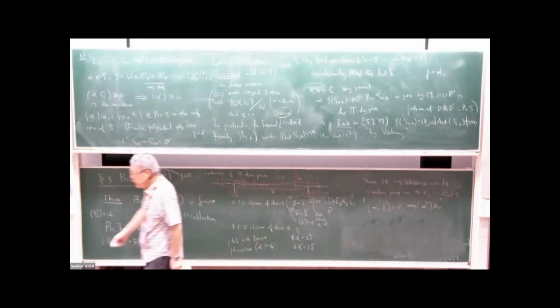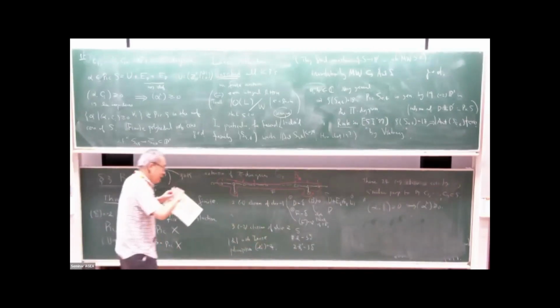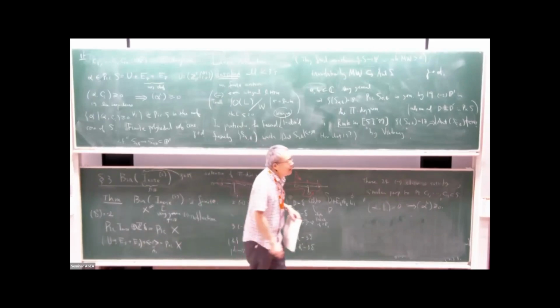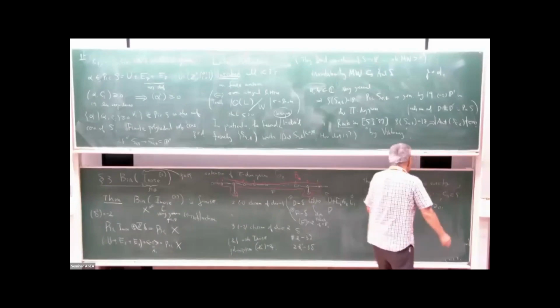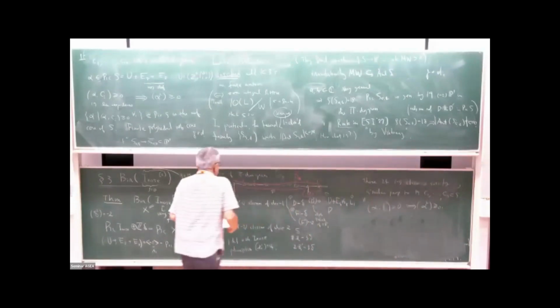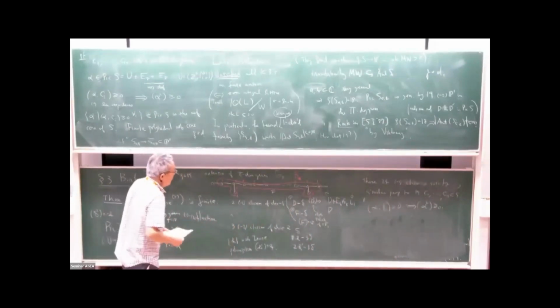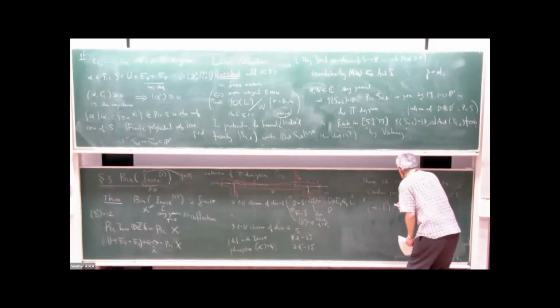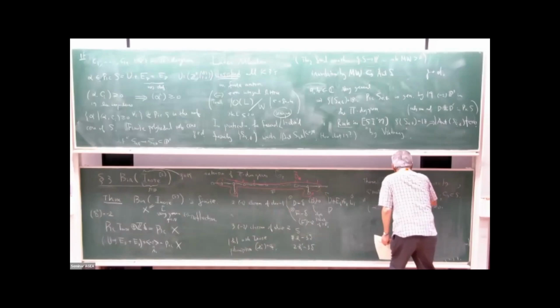All minus 2 classes are obtained by repeating reflections of these. So this is 24 minus 2 classes.